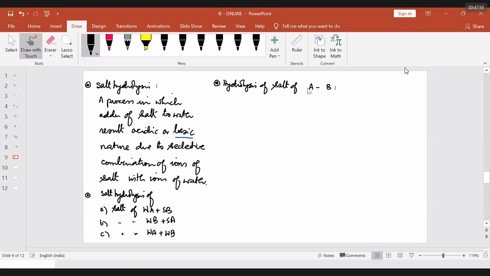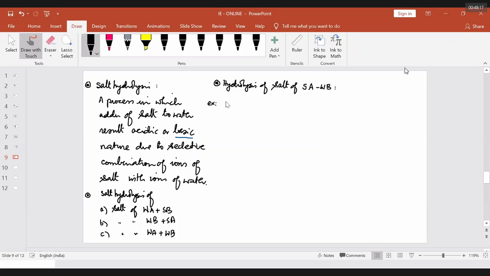Hydrolysis of salt of strong acid and weak base. Right. Question number 1. Same thing, sir. What are the examples? Strong acids: HCl, H2SO4, HNO3. There are so many acids, you know it.